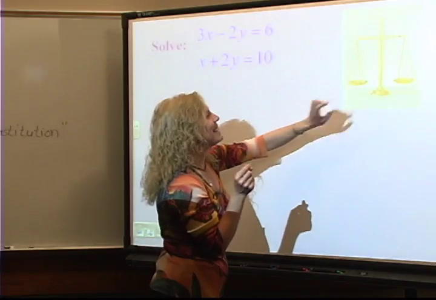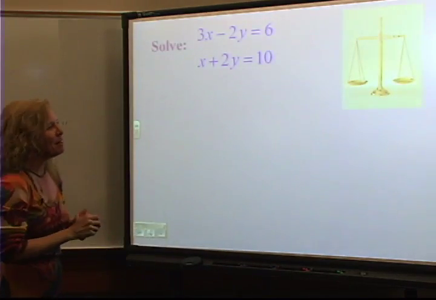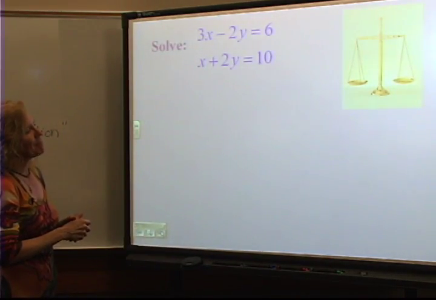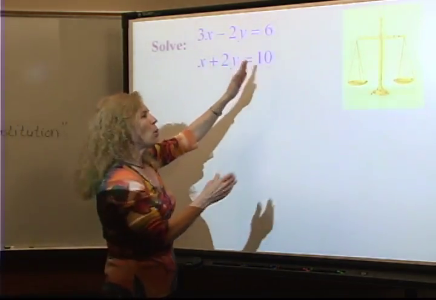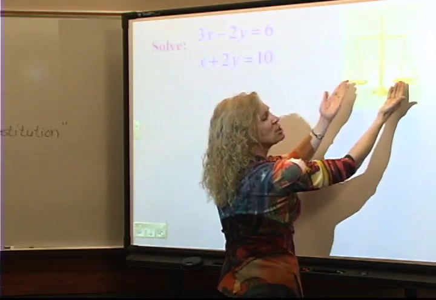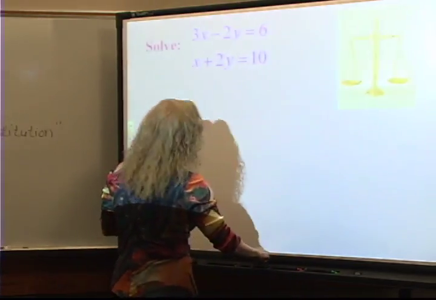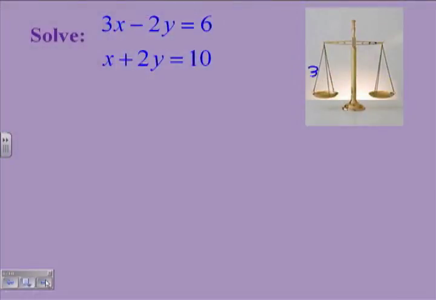And I gave you a picture of a balance here. Perfect scale balance. You realize that an equation is essentially a balance. Right now, we've got 3x minus 2y balancing 6. Now, I also have x plus 2y balancing 10.